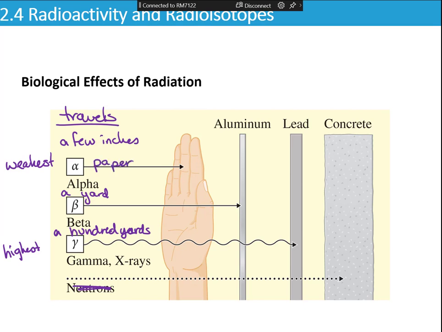Beta, on the other hand, you're going to need more because it has higher energy. It is able to pass further. It can pass into cell layers, though it doesn't pass all the way through. Since it can travel about a yard, you would want to block its effects with heavy duty aluminum foil or plexiglass.